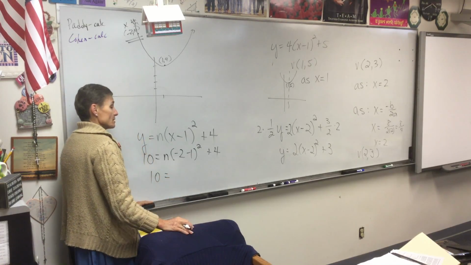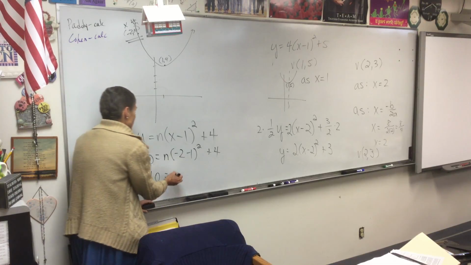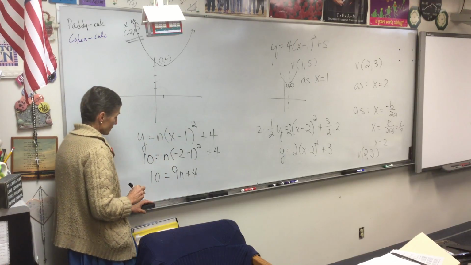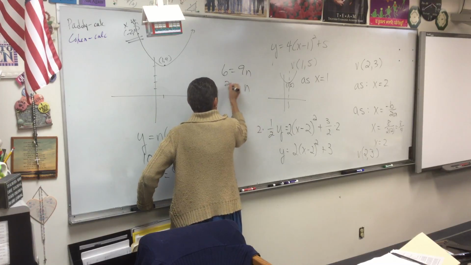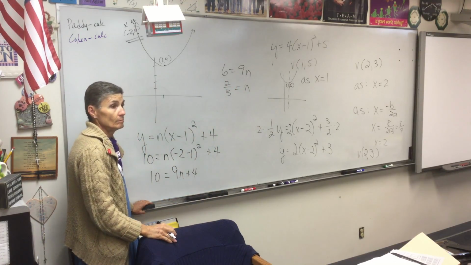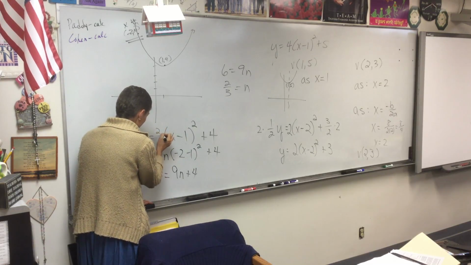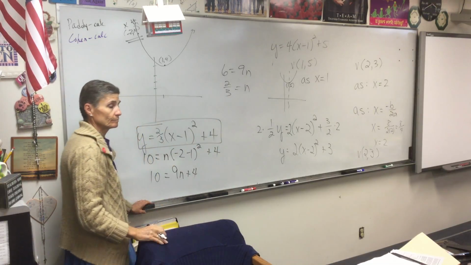So -2 minus 1 is -3, squared, so that'd be 9n. So 6 equals 9n, and n equals 2/3? So the answer to the question is right here.